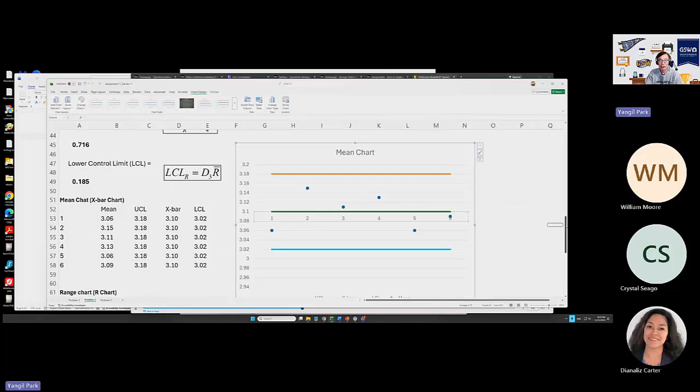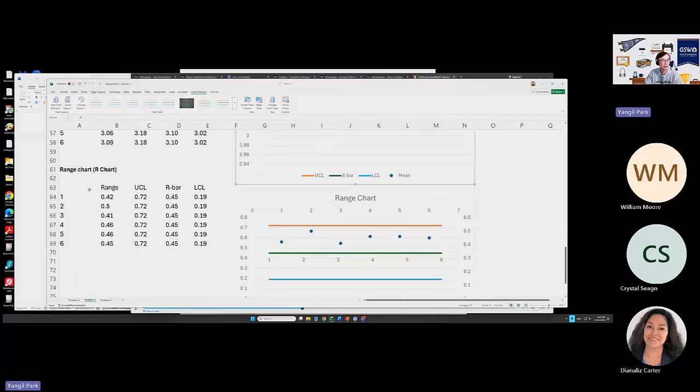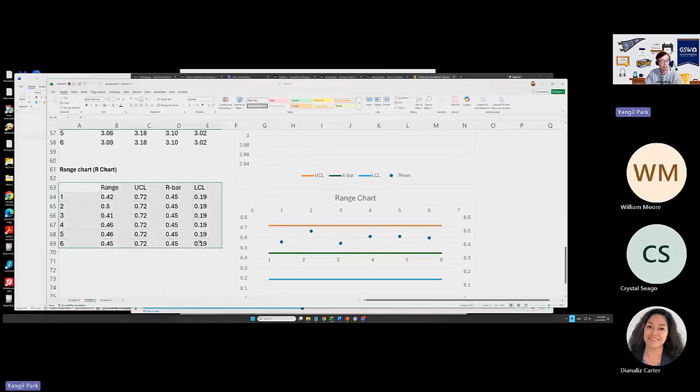Same thing with the range. I organize it this way so that I can plot the range given, the upper limit and lower limit, and R bar, which is the mean of those ranges. Then again, do the same thing and plot from the recommended charts.